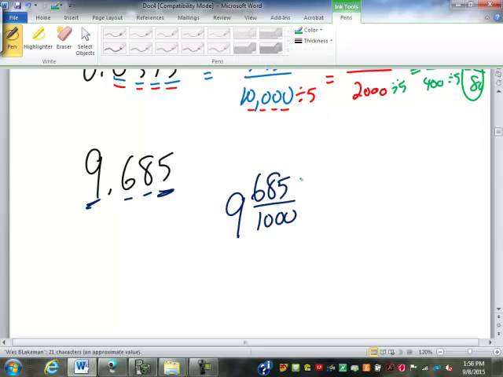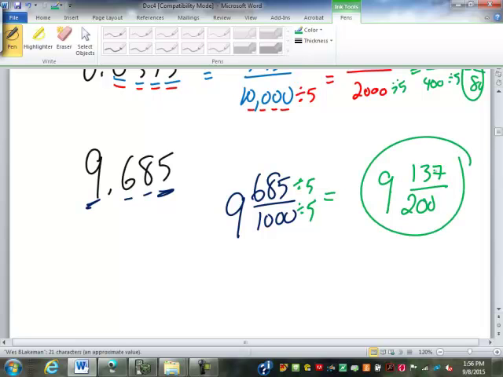What can I do with that? I can reduce by 5, which is going to give us 200 there, 137 on top. Is that it? I need the 9. Very good. Yeah, the 137 and the 200 cannot be reduced anymore together. But I do have to remember the 9 up there.